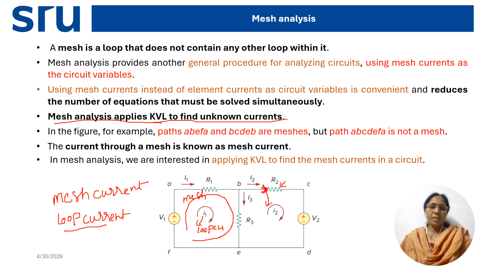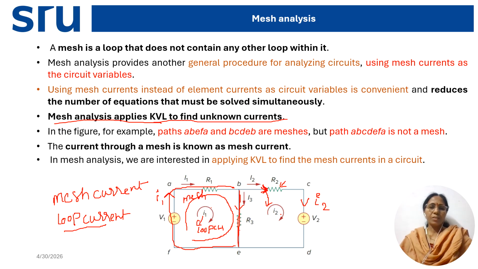The same I2 current flows through this branch from B, C, D and E. From E, through the voltage source and R1, this branch current is the same as this loop current. But in the case of the R3 resistance, in this branch the current is not the same as either I1 or I2.